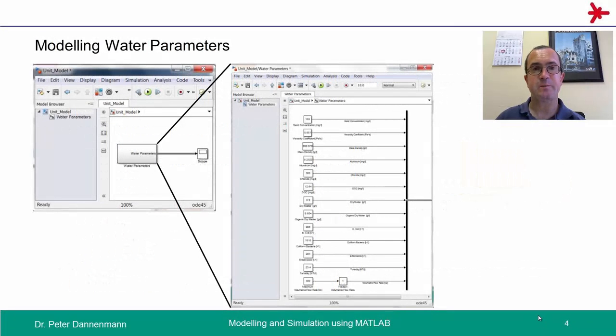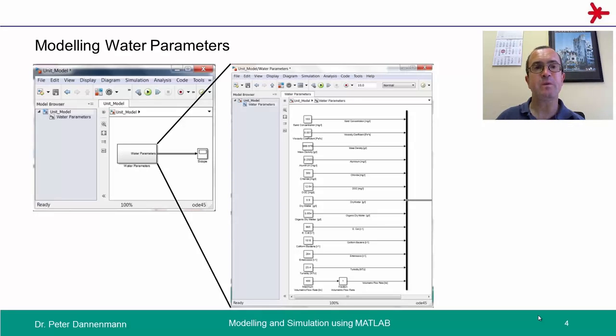These parameters, except the volumetric flow rate, are typically modeled as constants, as you see on this slide. For modeling the volumetric flow rate, I suggest modeling the maximum flow rate as a constant and modeling the actual flow rate as a fraction of that maximum flow rate.